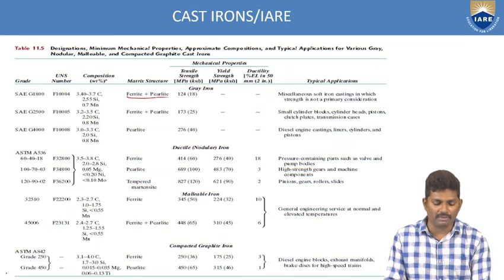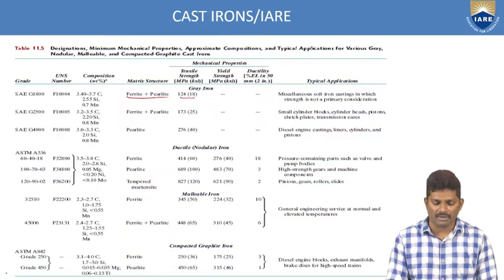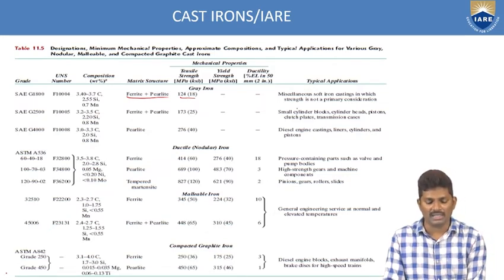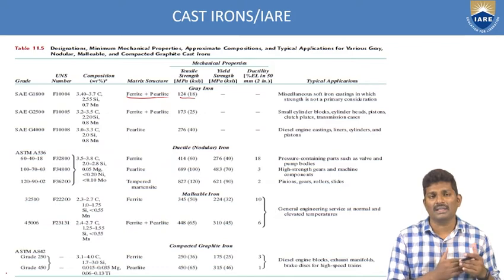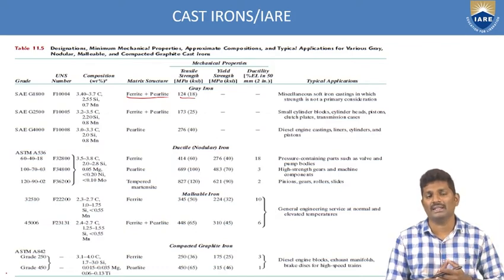If you go with the mechanical properties, the tensile strength is 124 megapascals. And where can you use SAE G1800? It can be used in miscellaneous soft iron castings in which strength is not the primary consideration. So where strength is not a primary consideration, you can go with SAE G1800.